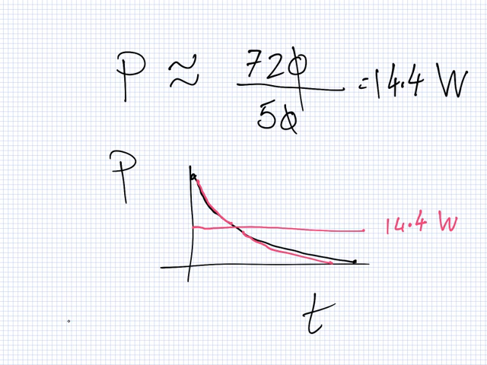So you could say the average power is 14.4. But in fact, the real power is actually a function of the time. And I would not be surprised if the formula had an exponential in it, because it's decreasing.